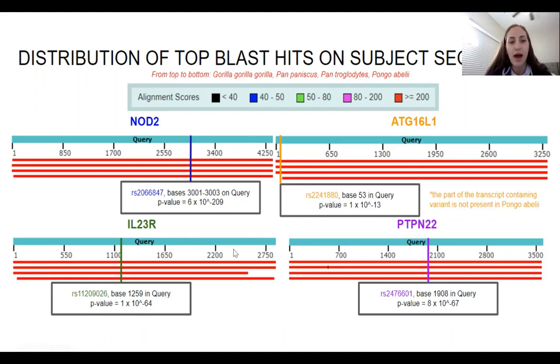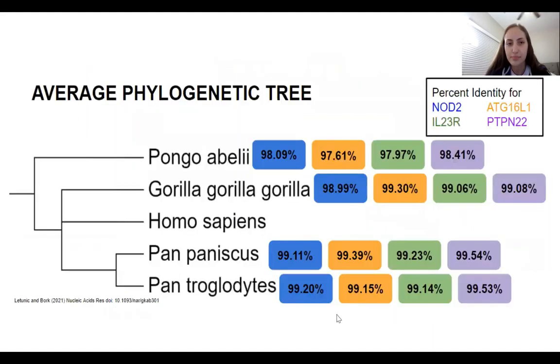Then looking at IL23R, we have the variant that would take place around base 1259 in the query, and we see that around this space, the sequence is also very strongly aligned. And likewise in the last gene, PTPN22, we have this variant around base 1908 in the query, and we see that all the sequences are also strongly aligned.